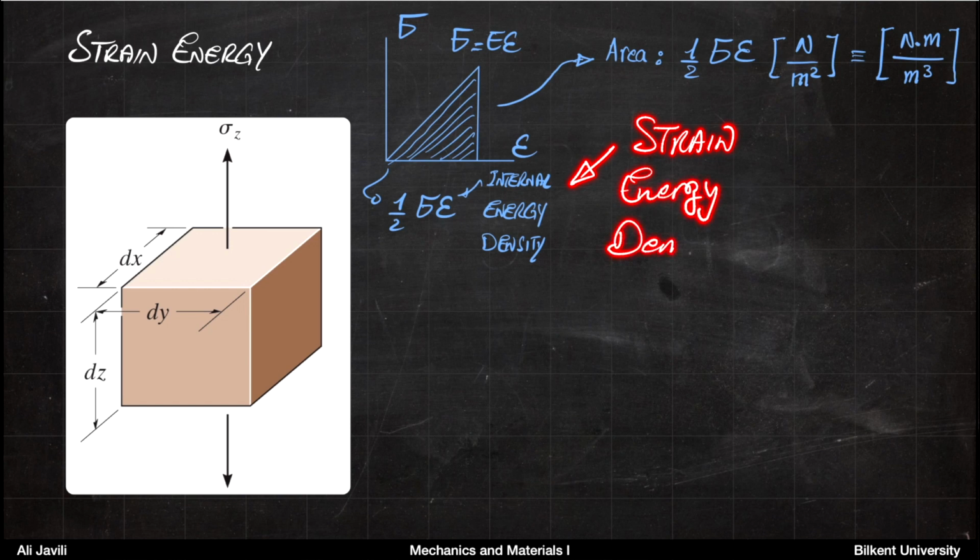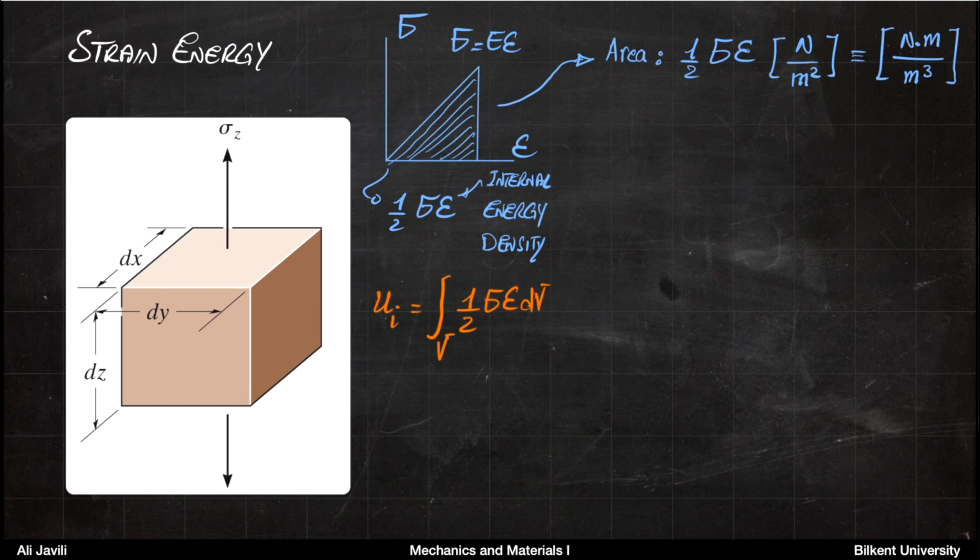So if we have the density of this strain energy and we want to calculate the strain energy itself, all we have to do is to integrate this over the body. So strain energy Ui is the integral over volume of strain energy density, which is the area, 1/2 of sigma epsilon.